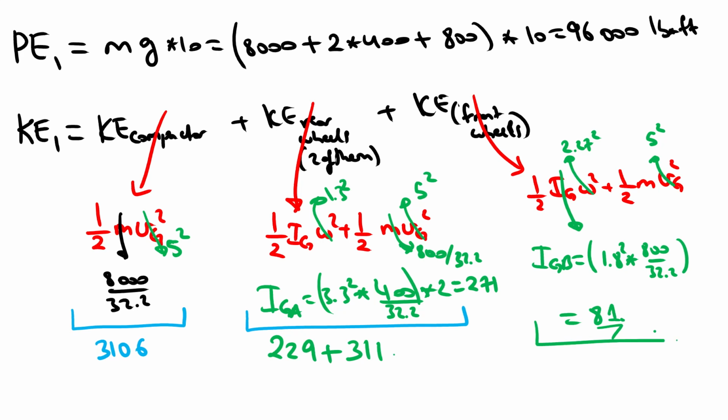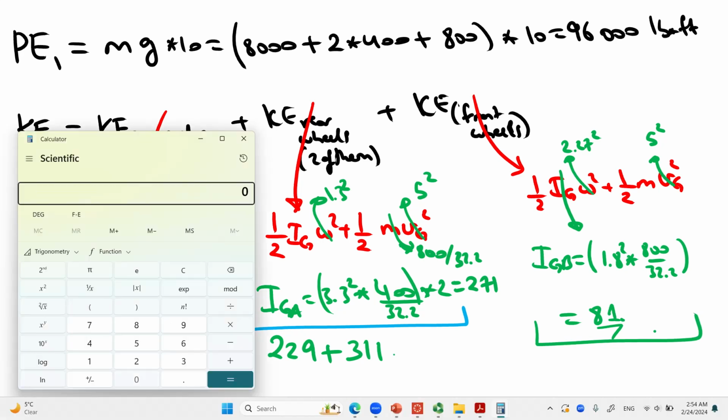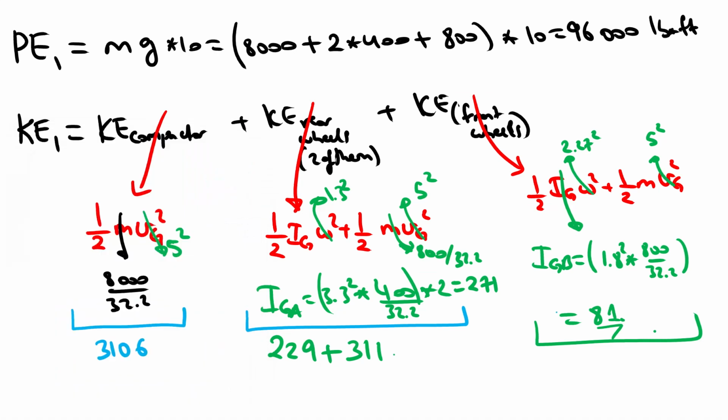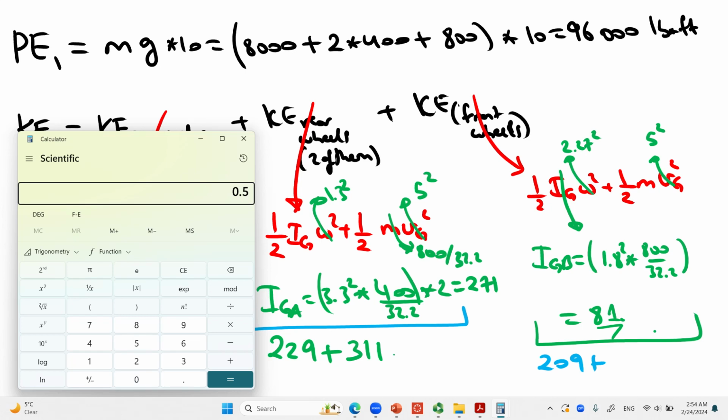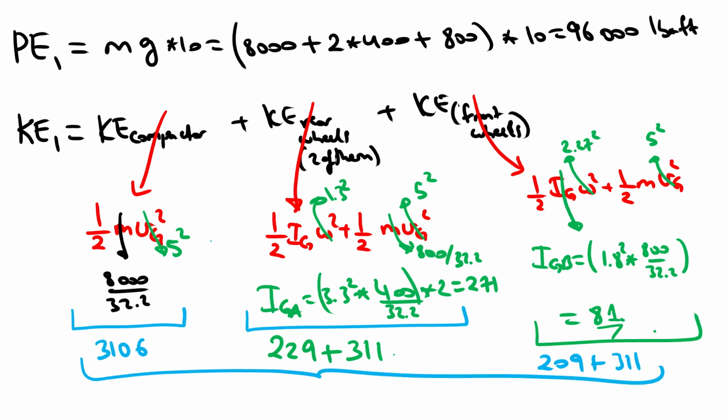Then comes the last term: 0.5 times 81 times 2.27 times 2.27. That makes 209, plus the second term 0.5 times 800 times 25 divided by 32.2, 311. So we have all the terms and can calculate it.